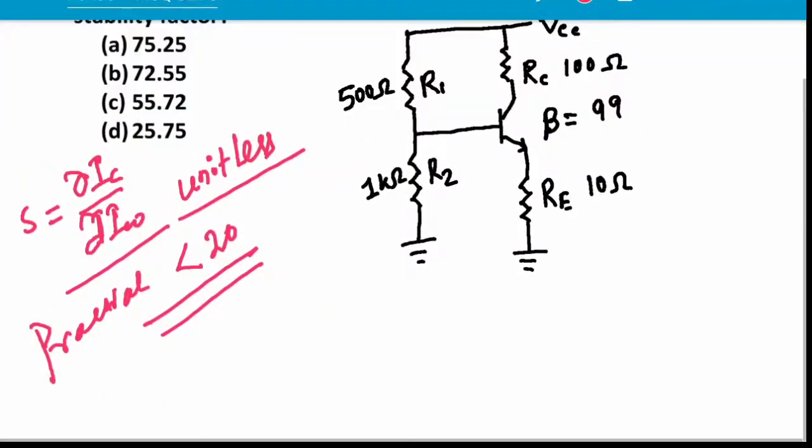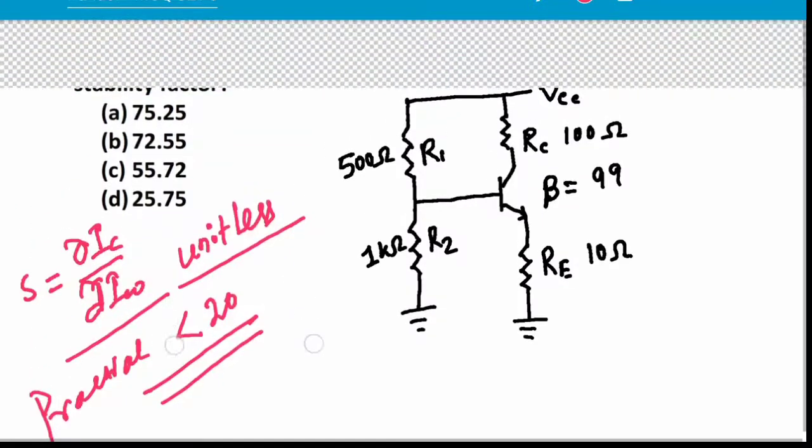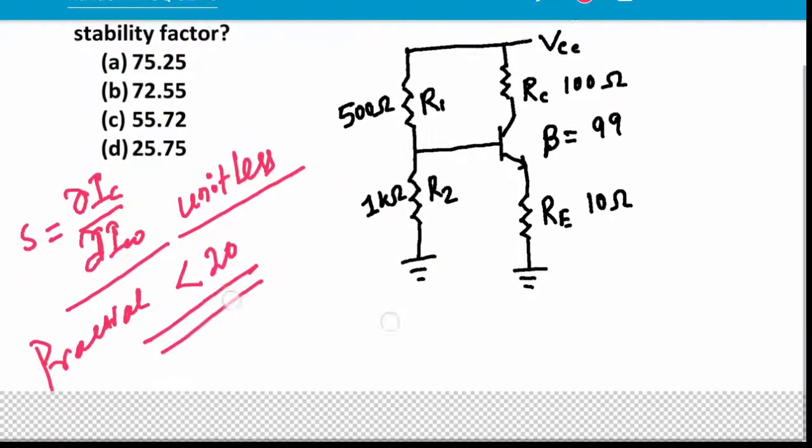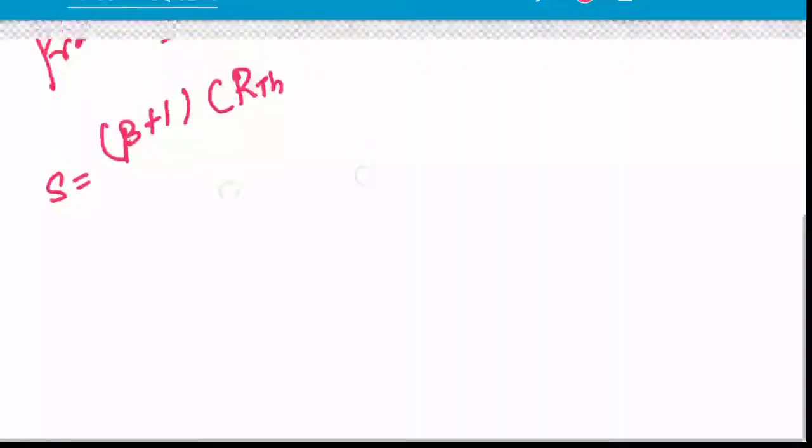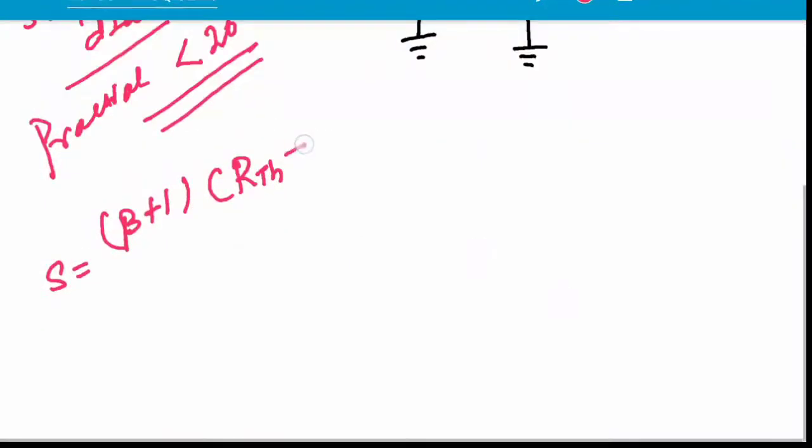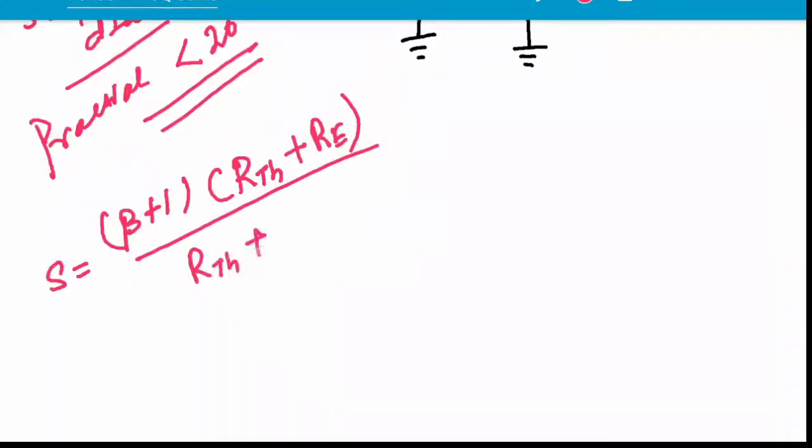And here we have to calculate that S, that is current stability factor, and it is given by S is equal to beta plus 1, beta is the current gain, RTH, that is Thevenin equivalent resistance, plus RE, by RTH plus beta plus 1 RE. This is the formula.